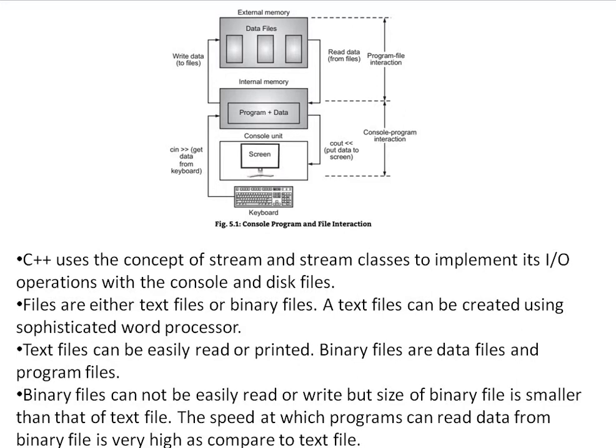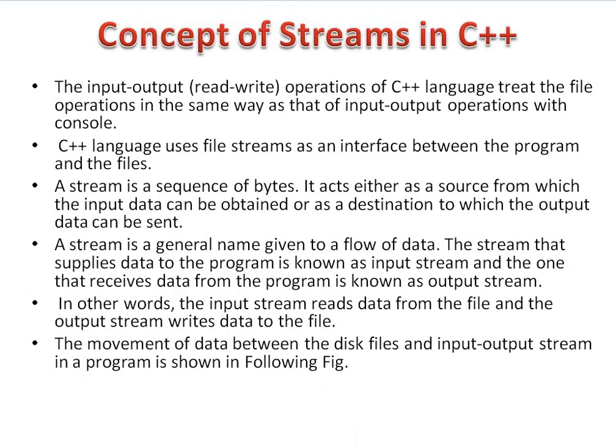Now first we will see the concept of stream. Stream means what in real time? Stream means sequence of characters. In C++, stream refers to the sequence of characters that are transferred between a program and an input-output device.